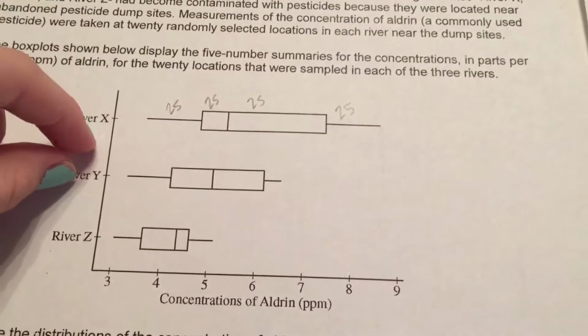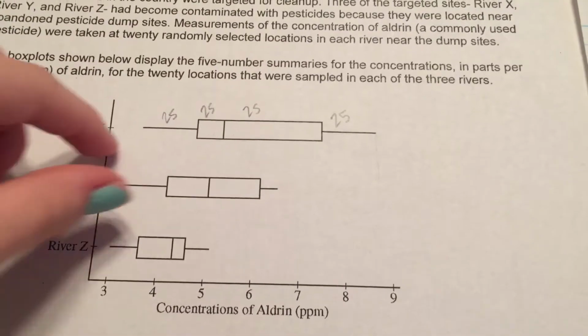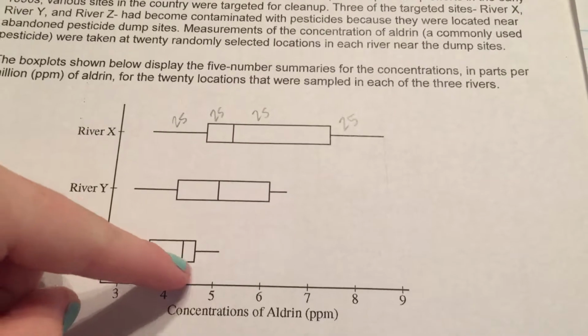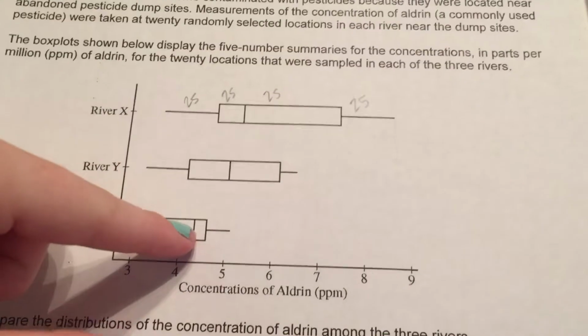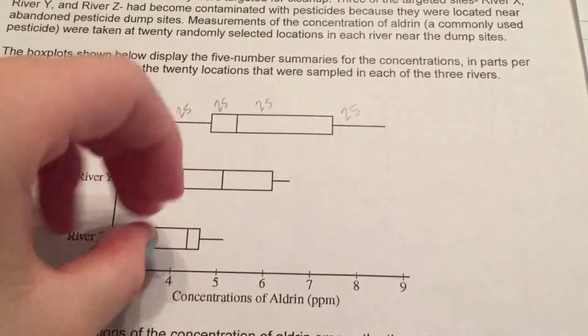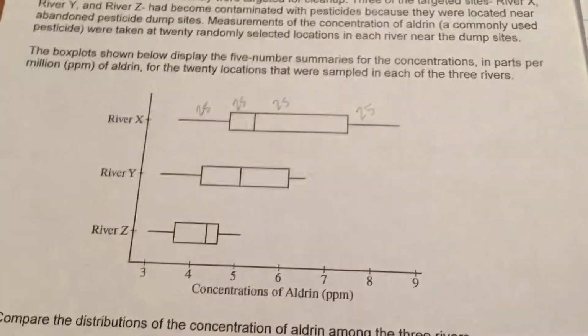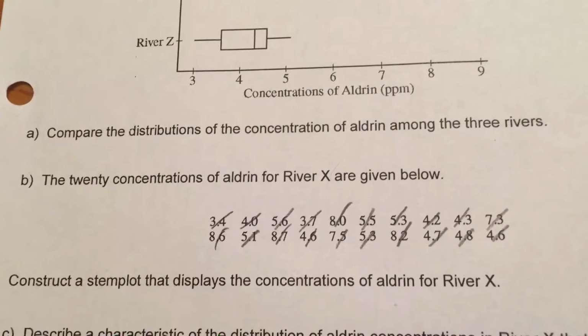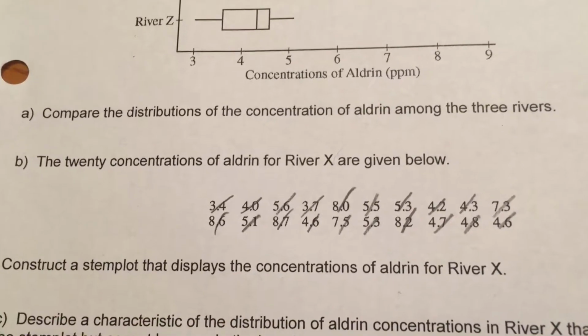So River X has a larger distribution, but River Z has a larger frequency of the concentrations of algin within closer numbers.